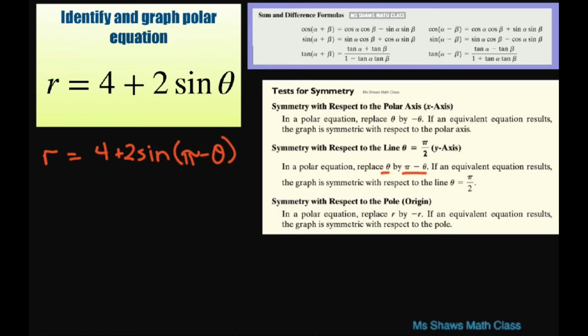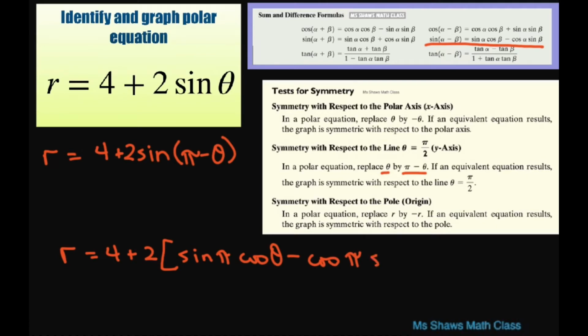Now this follows our sum and difference formula for sine, and so we're going to expand this. We get r equals 4 plus 2, sine of pi times cosine of theta minus cosine of pi times sine of theta.